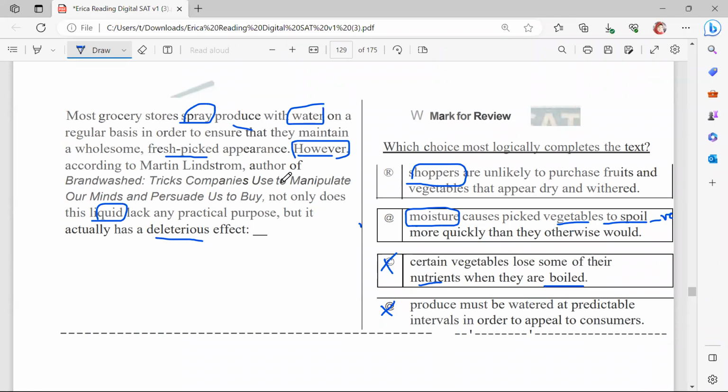Shoppers weren't ever a main focus, right? This is not the focus at all, because it's off topic. It introduces a new piece of information and not the focus.